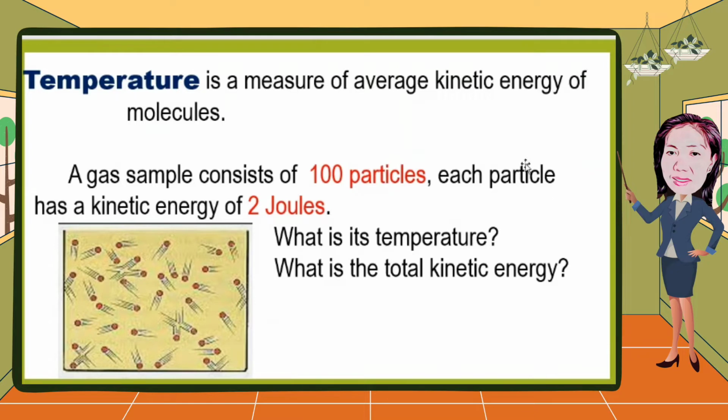So what does it mean? A gas sample, for example, consists of 100 particles, and each particle has a kinetic energy of 2 joules. Can we now get its temperature and the total kinetic energy of the substance?